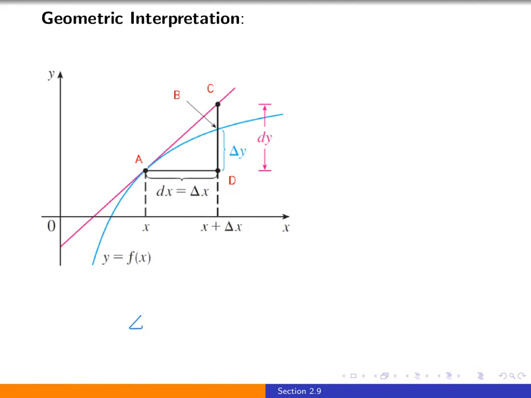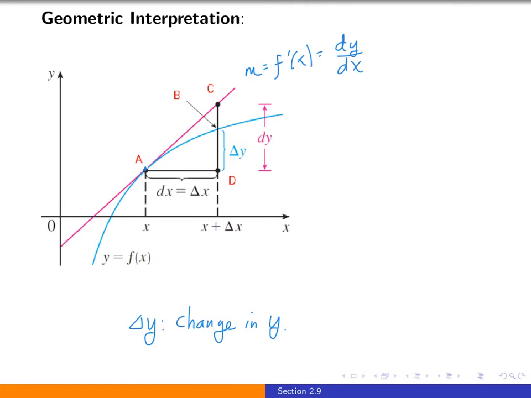The delta y in this problem represents the actual change in y. And what the differential dy is going to represent, well, we've drawn this tangent line at this point A. The slope of the tangent line is f prime of x, which we think of as dy dx.